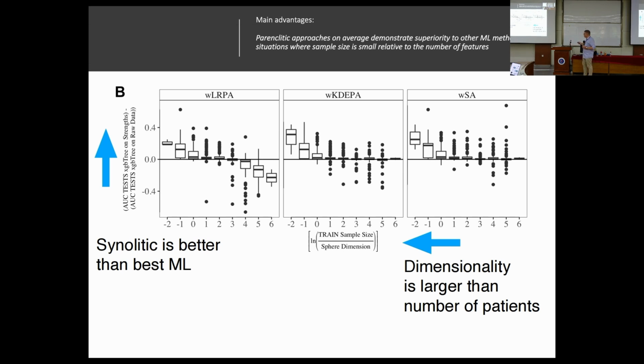And if you go from right to left, because here what is displayed is the logarithm of this ratio. So after 0, we are getting that dimensionality is larger than number, I call it patients, but actually some data points. So from 0 to the left, dimensionality of the space, number of features, is larger than number of data points, number of patients.